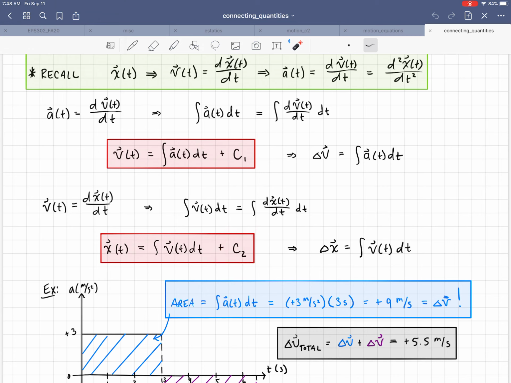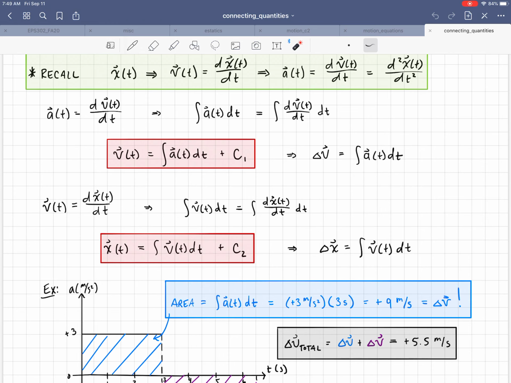That constant corresponds to the initial position. And this term we're just keeping there. And so this becomes the displacement of the object is equal to integrating v dt, over the time interval during which you're interested in analyzing the motion.